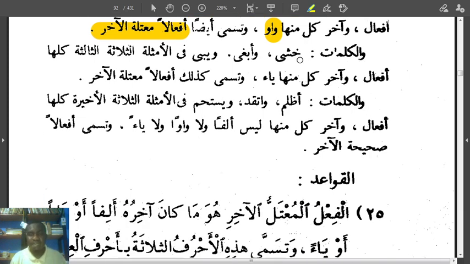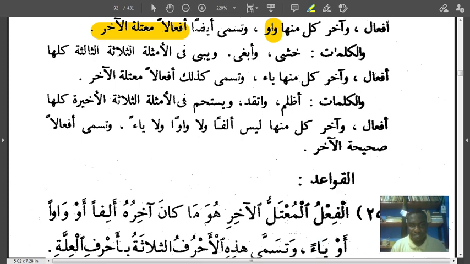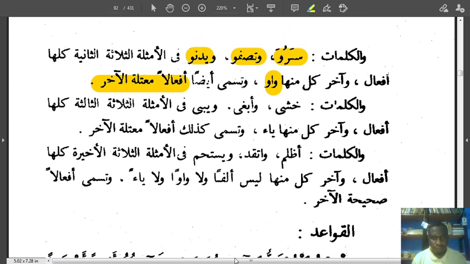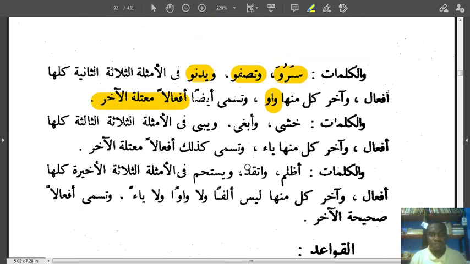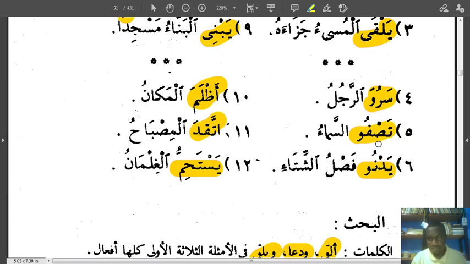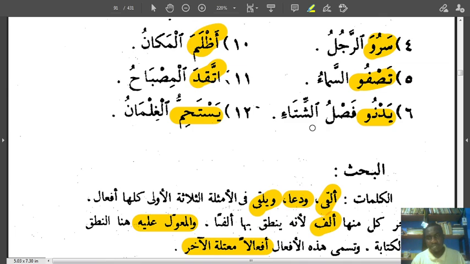Okay, so it says والكلمات, and the words, a moment please, I think we should shift here. Okay, this is better. Okay, so he says the words خشية, أبغي, يبني, these words في الأمثلة الثلاثة الثالثة, the third three examples, which are these ones, ثروة الرجل, تصفو السماء, يدنو فصل الشتاء.